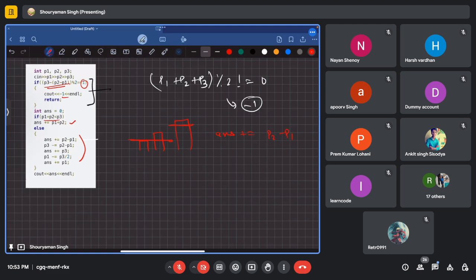And once these two are equal, you reduce that by this, and basically the gist is this. You make them equal, and then one by one, you reduce them. So it will be P3 by 2 for this one and P3 by 2 for this one, and you have to return their sum.